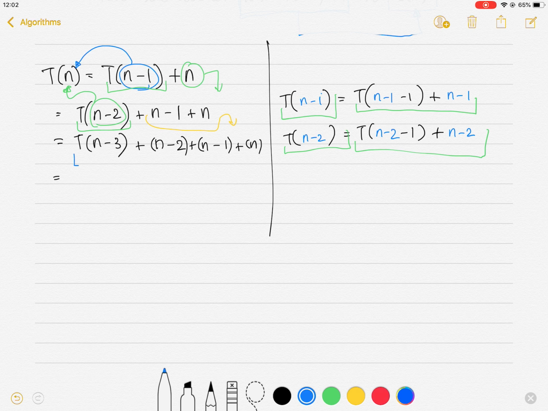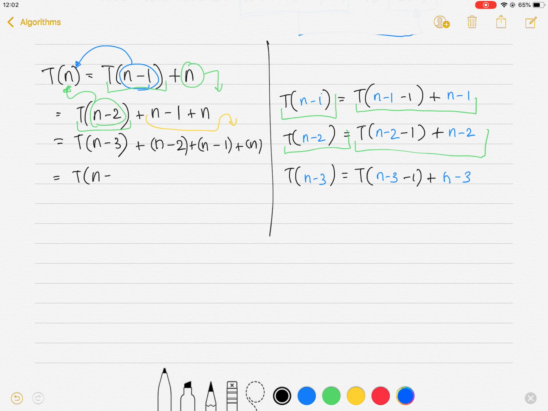We have another recursive function, and we're trying to find the solution to that, which is t of n minus 3 is equal to t of n minus 3 minus 1 plus n minus 3.